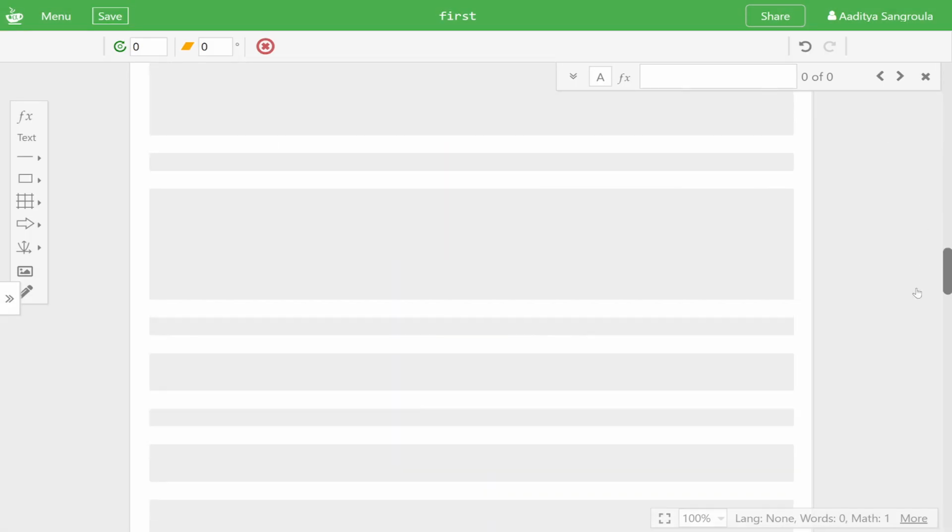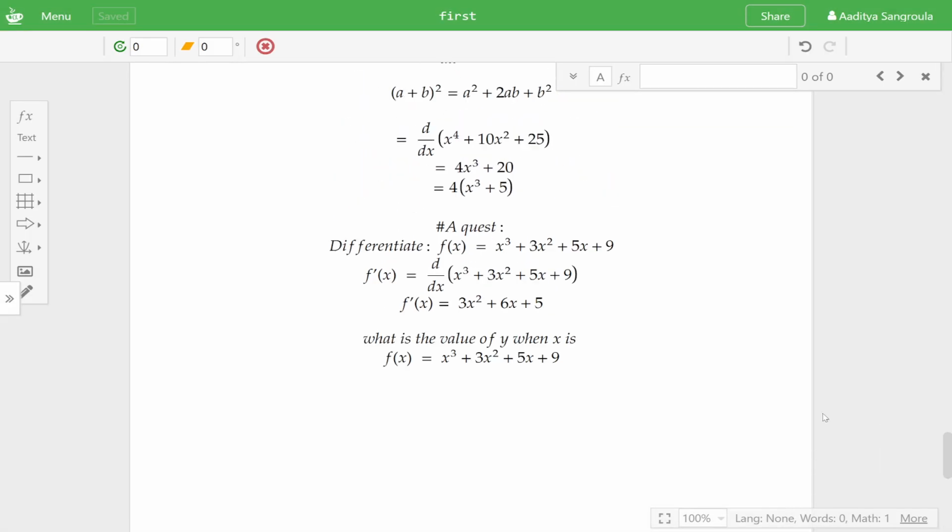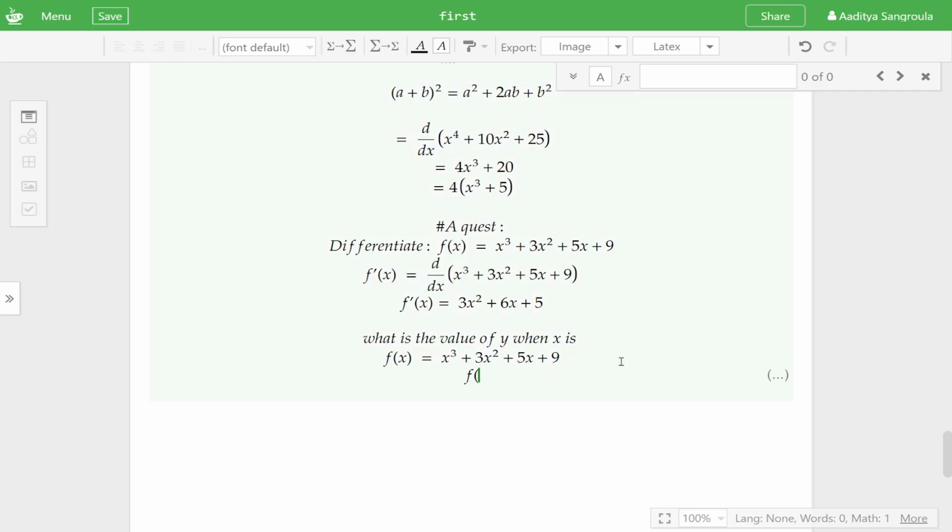Let's see. When x is minus 2.5, then f of minus 2.5 is going to be the cube of minus 2.5, plus 3 times minus 2.5 squared, plus 5 times minus 2.5, plus 9.